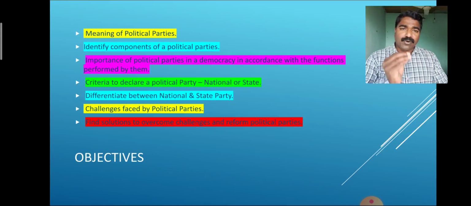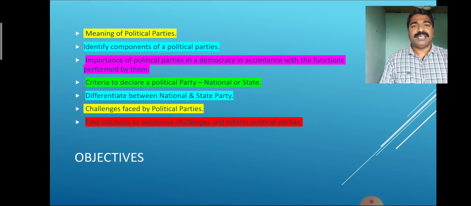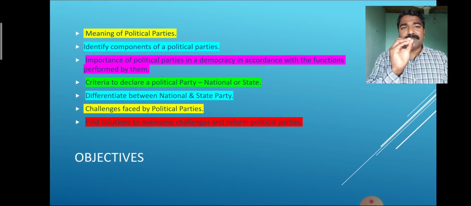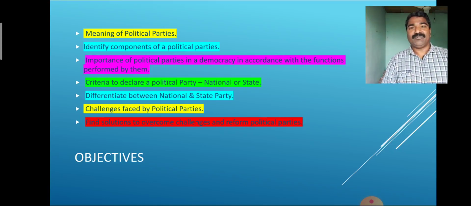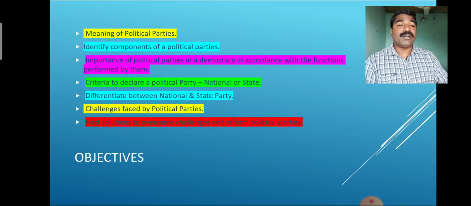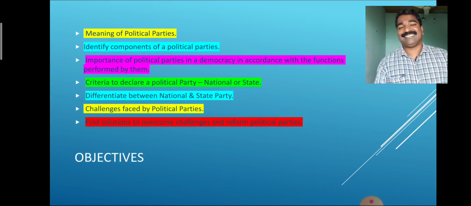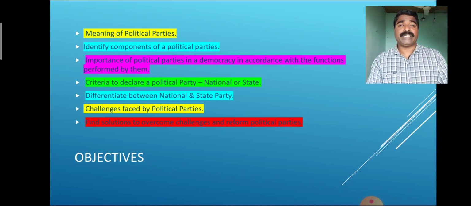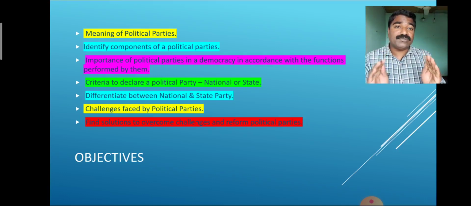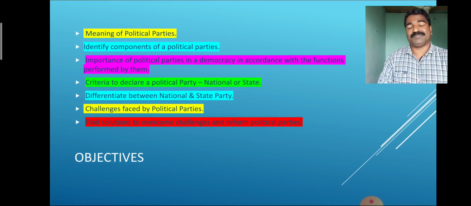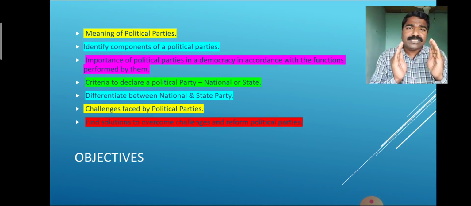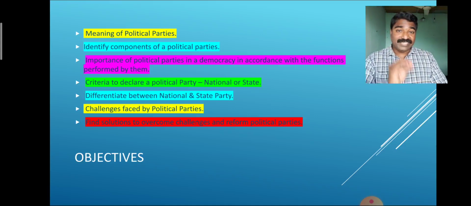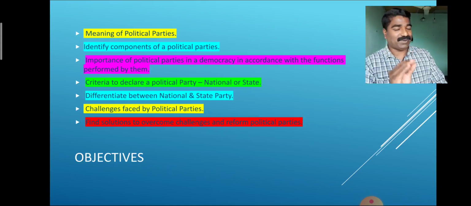Then we go for objectives. Okay, we have to learn here the meaning of political parties. Then we have to identify components of political parties. Then we try to understand the importance of political parties in a democracy in accordance with the functions performed by them. Then we have to understand the criteria to declare a political party, whether it is a national party or a state party.